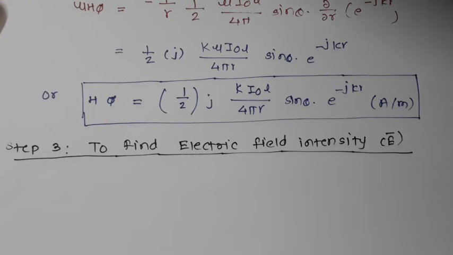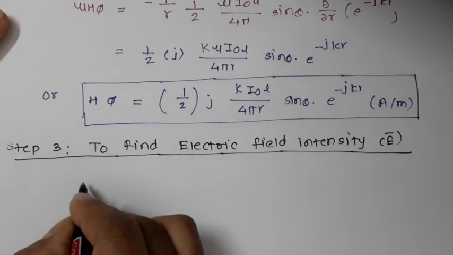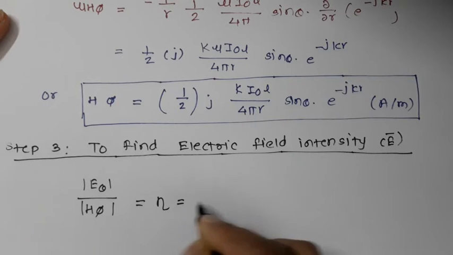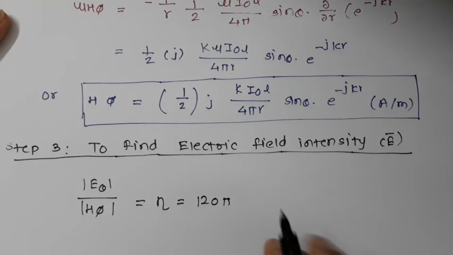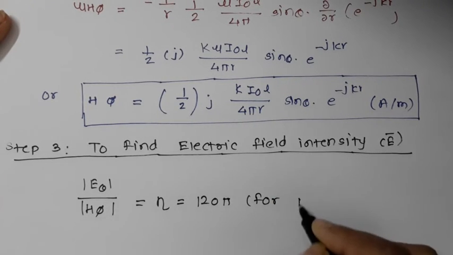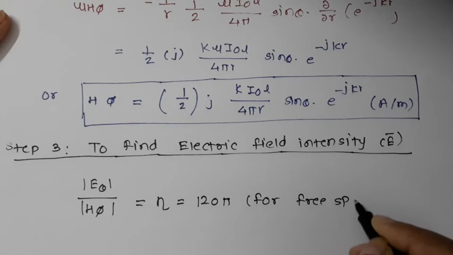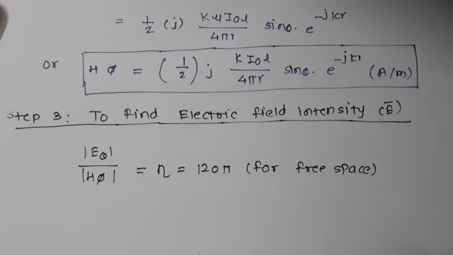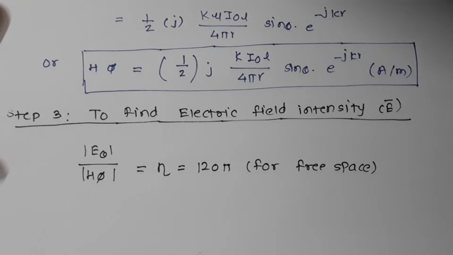So here we can calculate E theta by H phi equal to eta, which is nothing but 120 pi. This is for free space, which is also called the intrinsic impedance. So we have got H phi over here, and for the infinitesimal dipole analysis we know that we will have only E theta component.